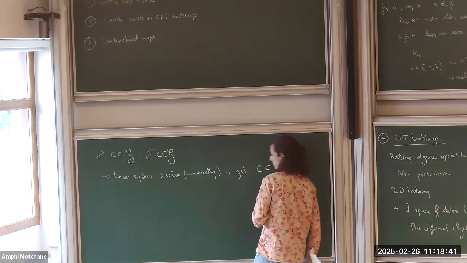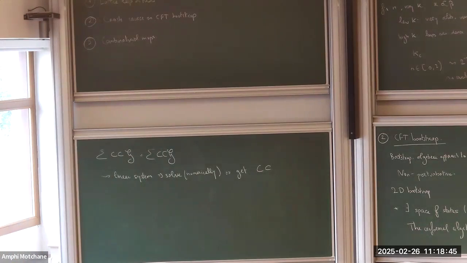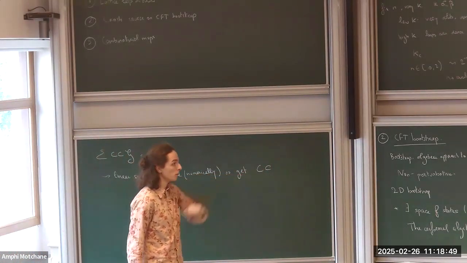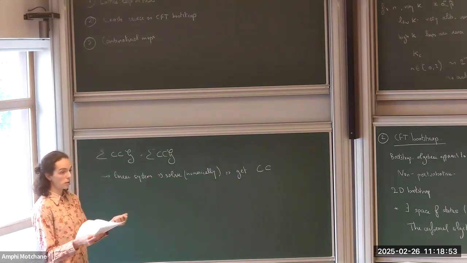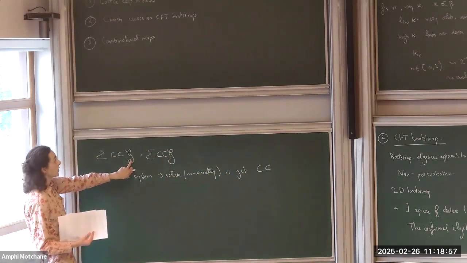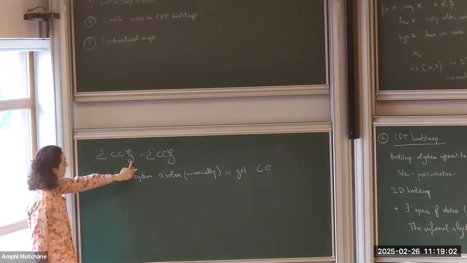Get c times c. Now there is a slight complication, which is that if in the space of states there are several operators which have the same conformal dimension, so which live in the same representation but different copies of this representation, then the blocks here only know about the conformal dimension, so the weight of the highest weight.